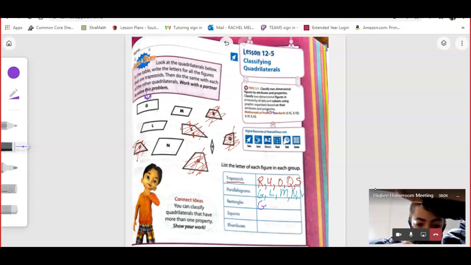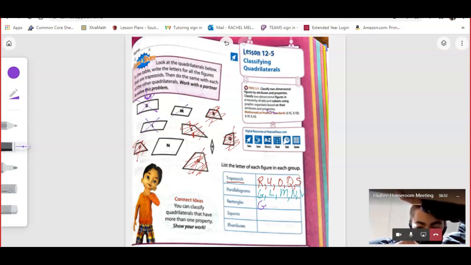What about G? You just told me it didn't, so that's a no. What about L? Are all 4 sides the same length? No. What about M?